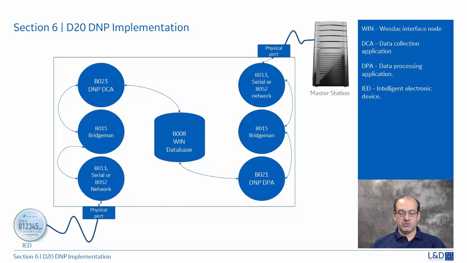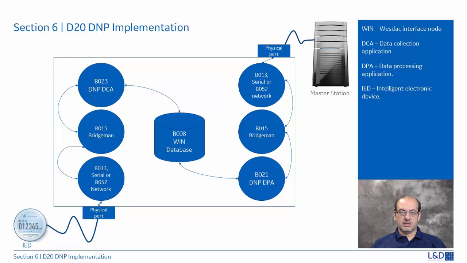In the case of the D20 platform, that will be either application B013 if the physical port is a serial port, or B052 if the physical port is a network port.